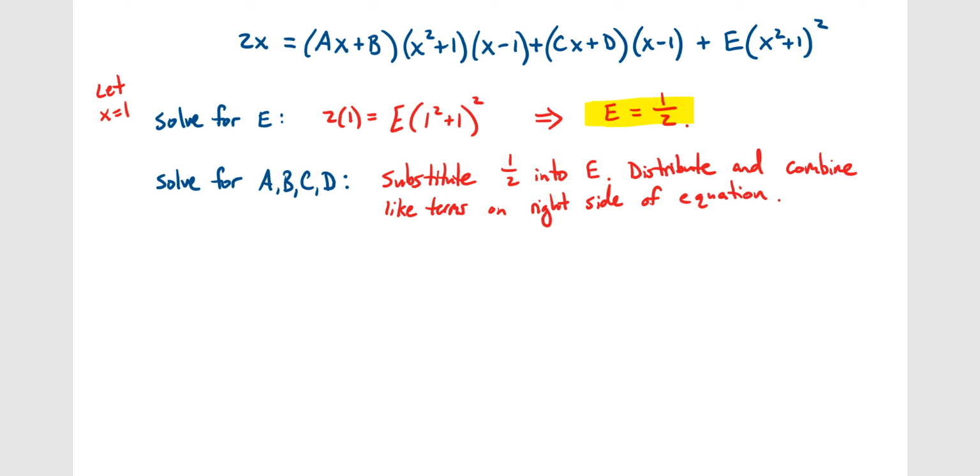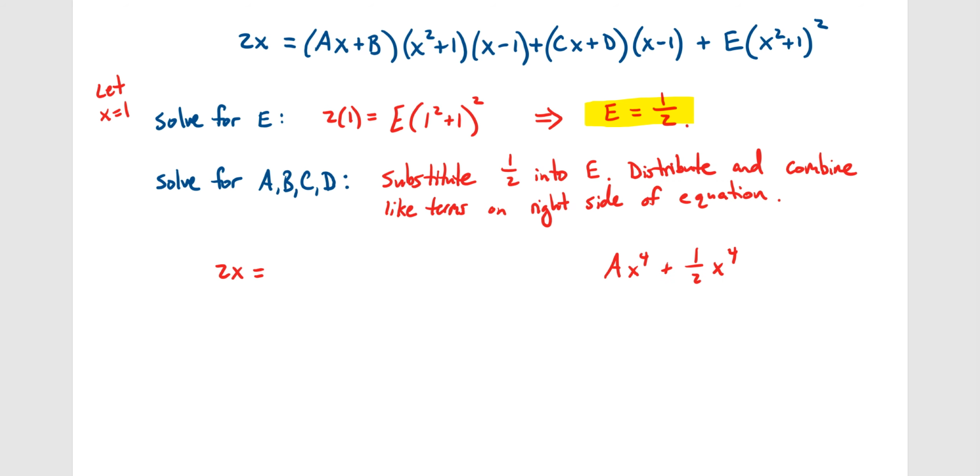So on the left-hand side of the equation, we just get 2x, so that's nice. On the right-hand side, if we end up distributing and combining like terms, the little technique you have to use here, if you end up getting something like a x to the 4th plus 1/2 x to the 4th, we need to combine those like terms.